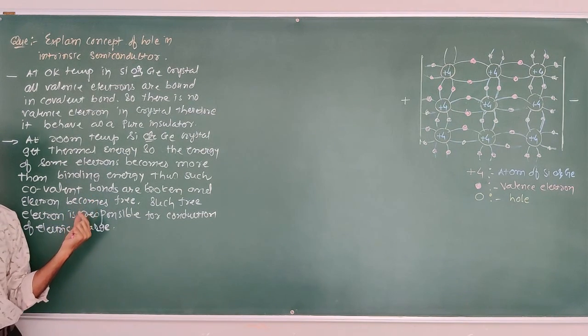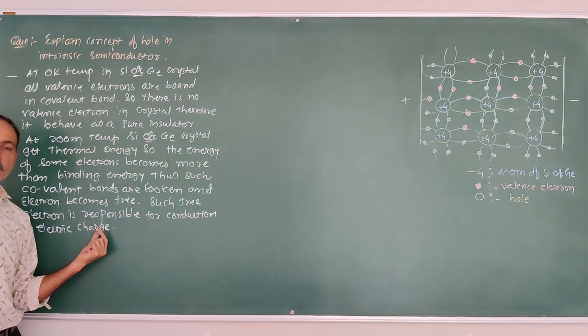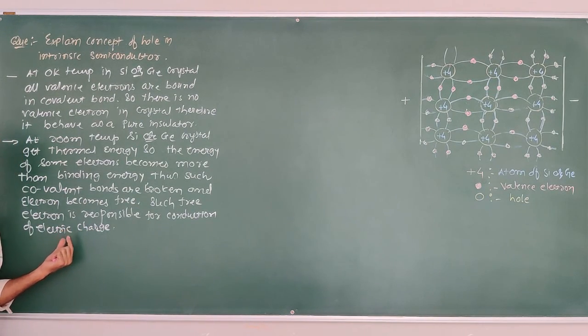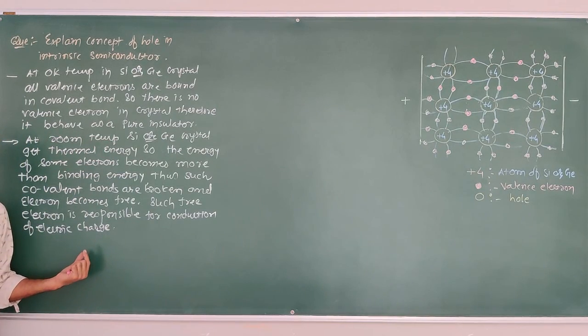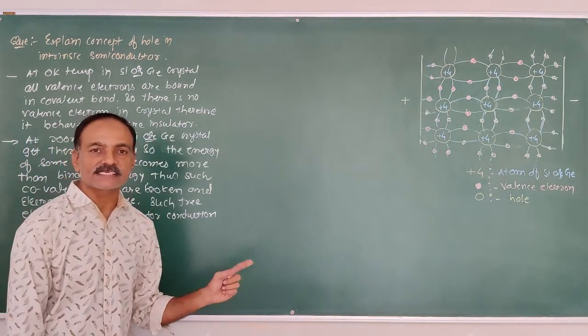As the covalent bonds are broken, the electron becomes free. Right? So, a vacancy of an electron is formed in the covalent bond. That means a deficiency of an electron takes place.